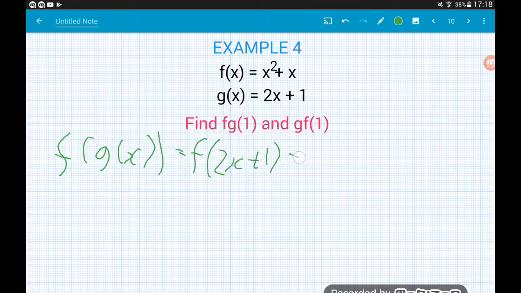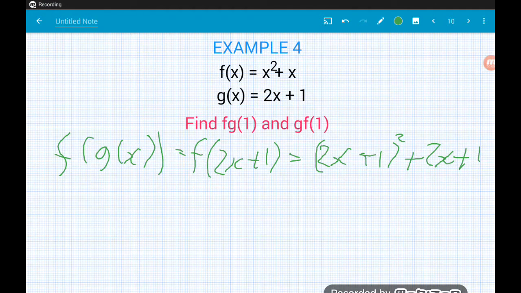Now then, that's going to give us 2x plus 1 all squared plus 2x plus 1. Good times. Okay, so now we need to expand and simplify (2x plus 1) squared plus 2x plus 1.